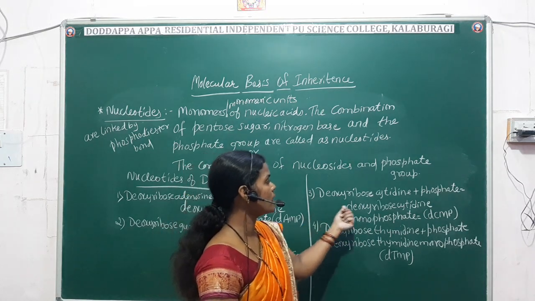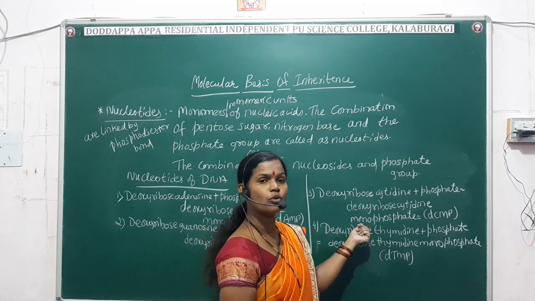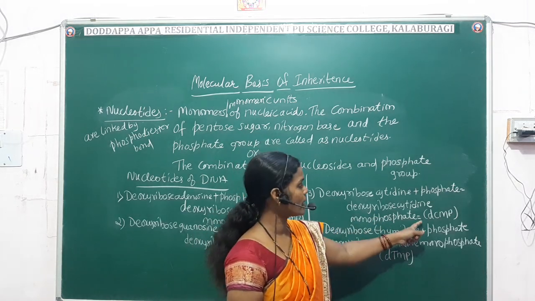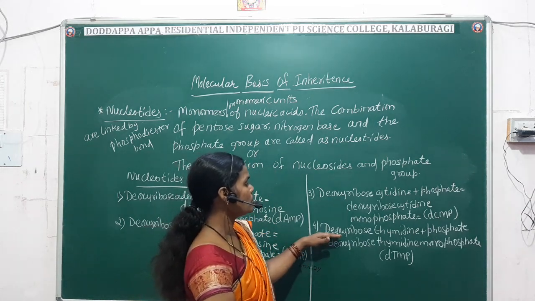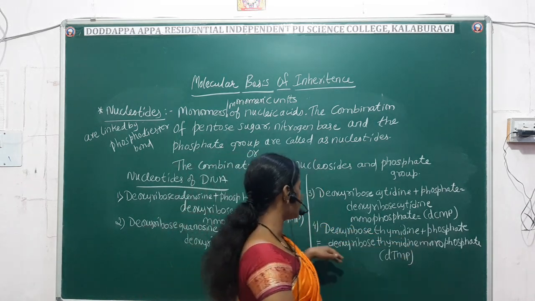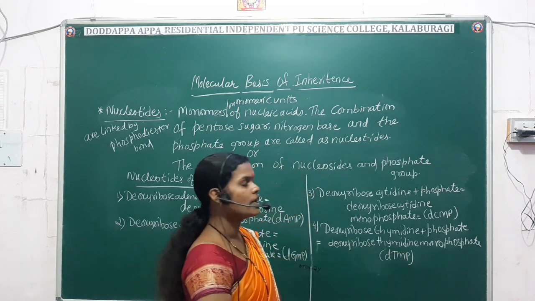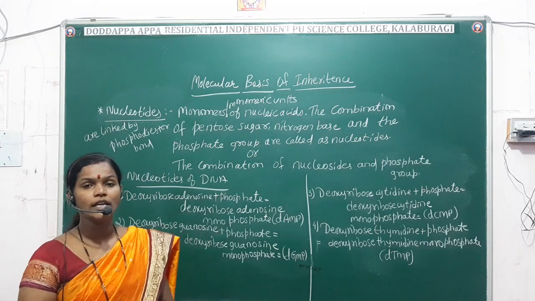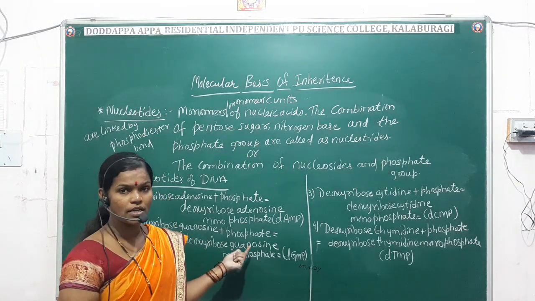Deoxyribose cytidine plus phosphate is equal to deoxyribose cytidine monophosphate, DCMP. Deoxyribose thymidine plus phosphate is equal to deoxyribose thymidine monophosphate, DTMP. So these are the nucleotides of the DNA.